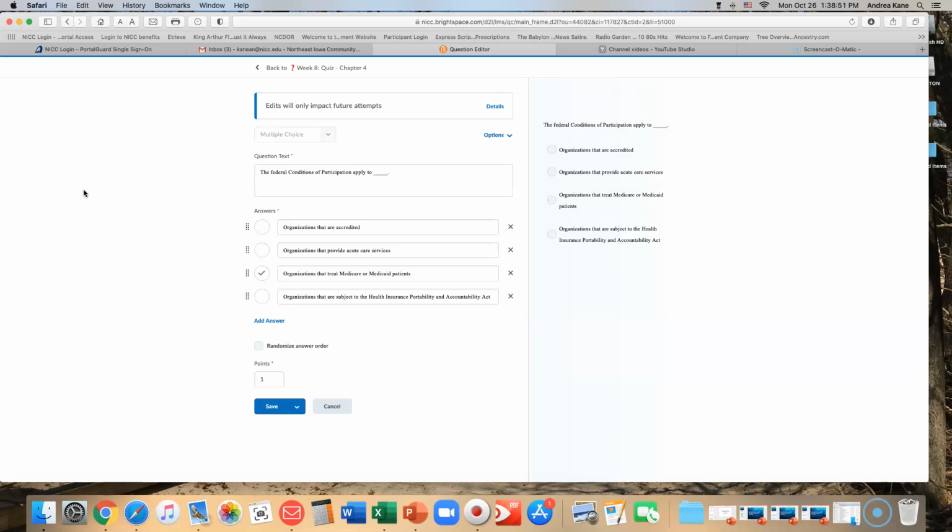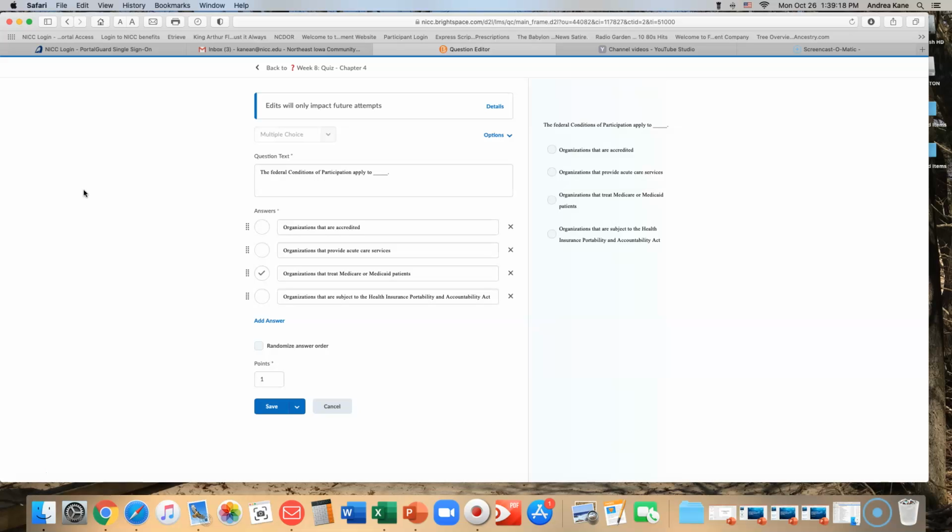Those terms and their definitions came from there. But in looking back, I'm not sure that they really belonged. So I went ahead and deleted those. So I will be crediting everyone with 8 points on the Chapter 4 quiz right away for the matching. So know that you will get 8 points back automatically for the matching question number 1.